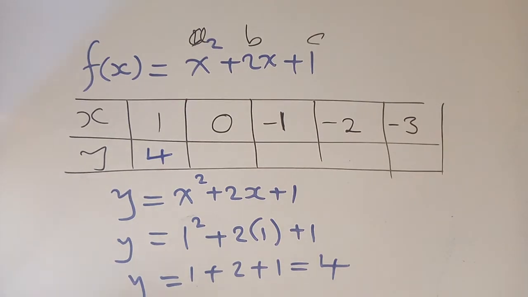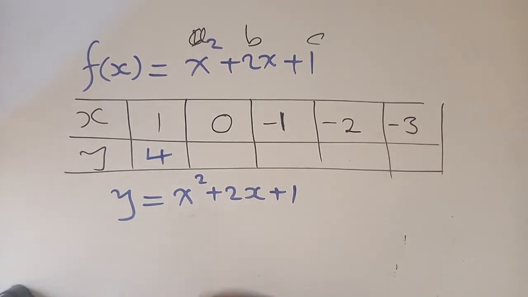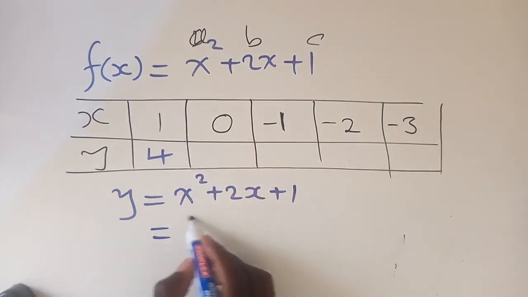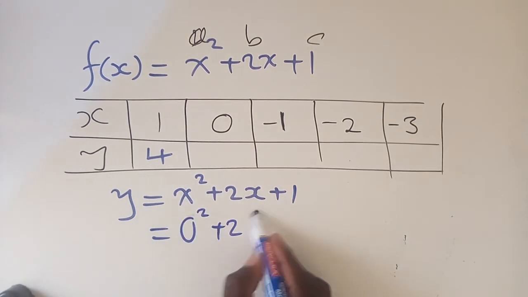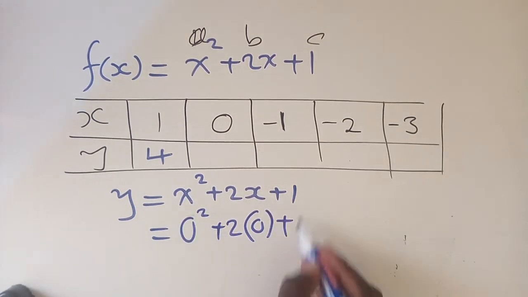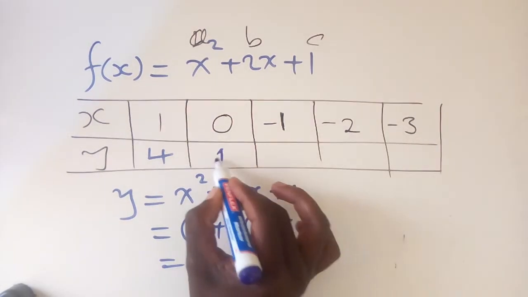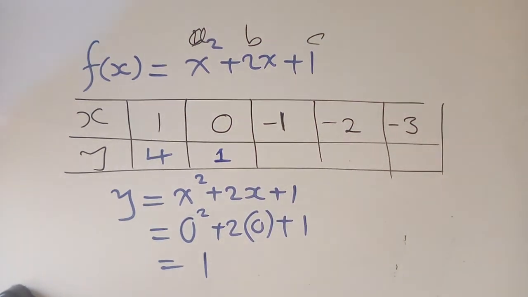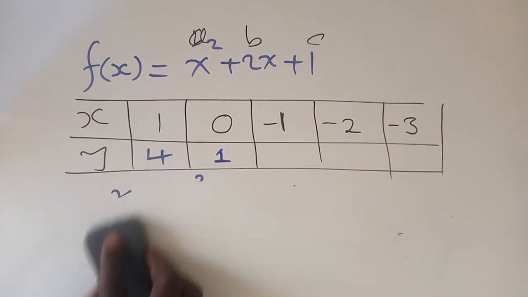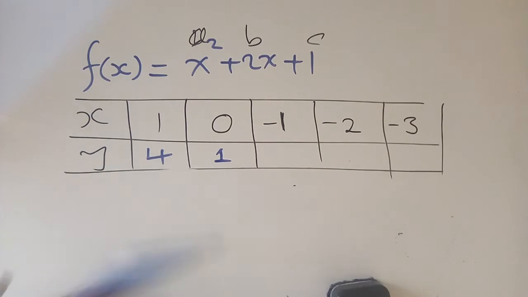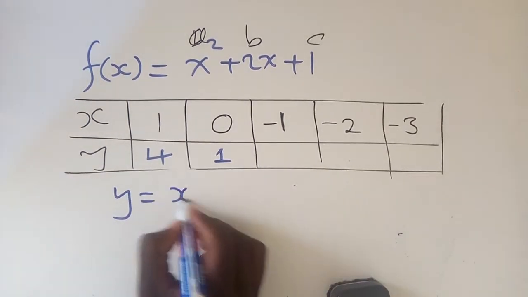We go to the next one, x is equal to 0: 0 squared plus 2 times 0 plus 1. When we work it out, the value of y is equal to 1. So we put 1 here. Next, we go to -1.